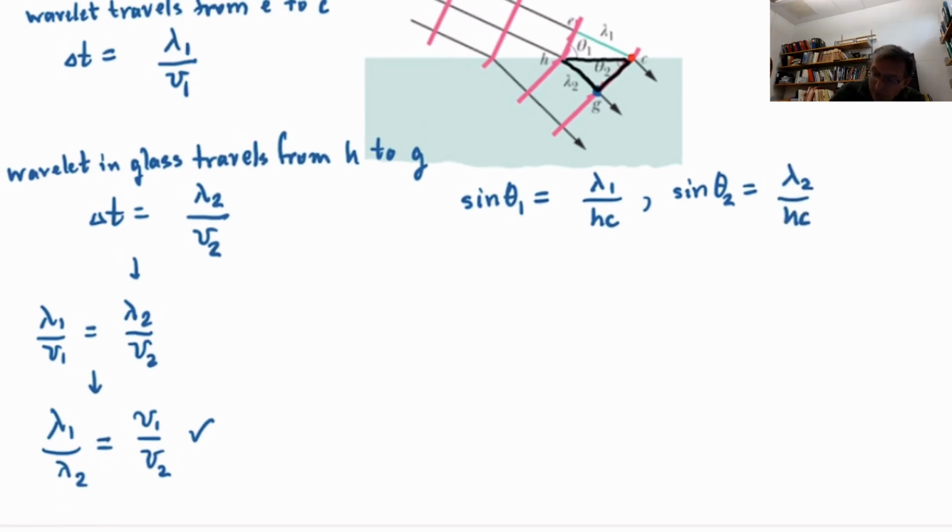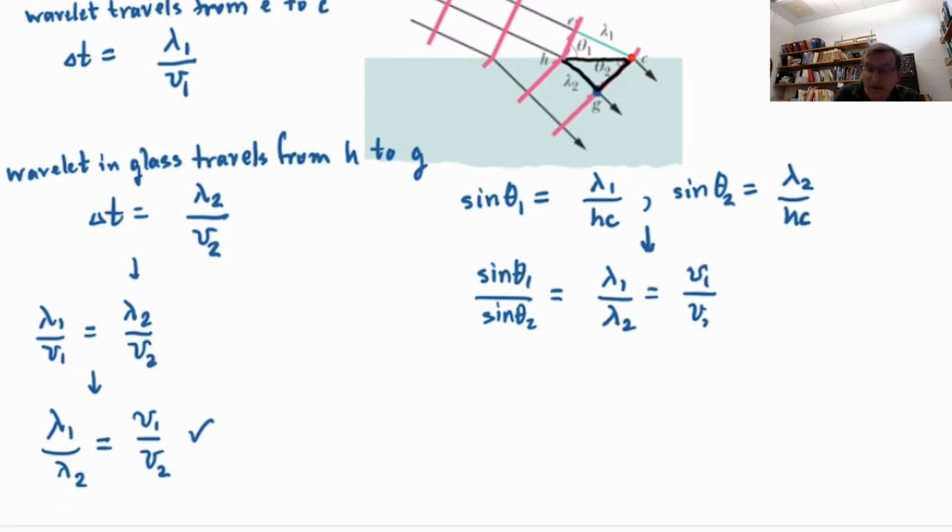Now let's take those two expressions and take the ratio, divide them by each other. Sine theta 1 over sine theta 2 is lambda 1 over lambda 2. Those HC's cancel. But lambda 1 over lambda 2, I just found, is equal to v1 over v2. But the speed of light v in any material can be written as the speed of light in vacuum, c, divided by the index of refraction for that material. So v1 is c over n1.